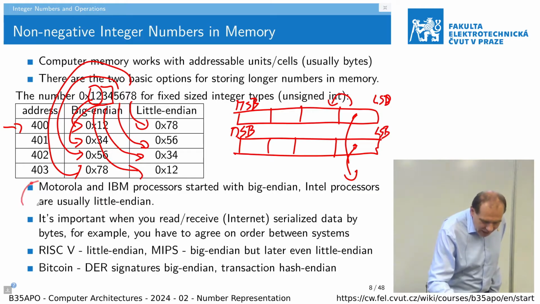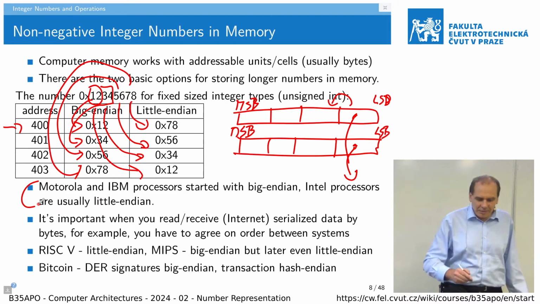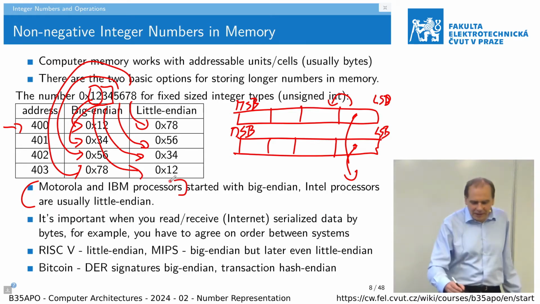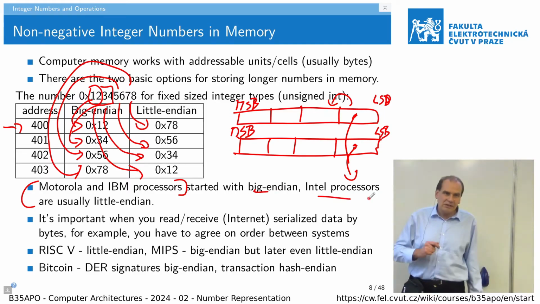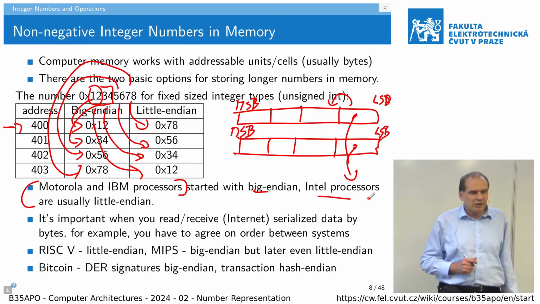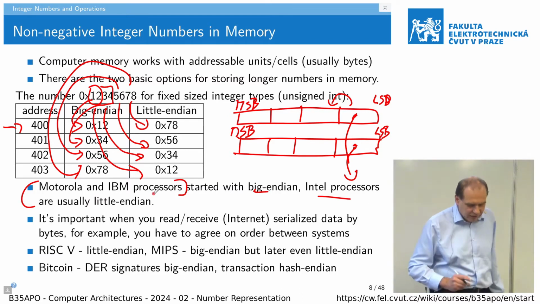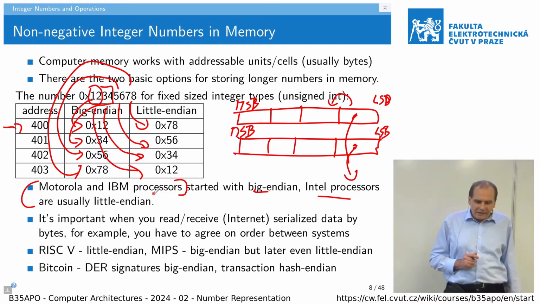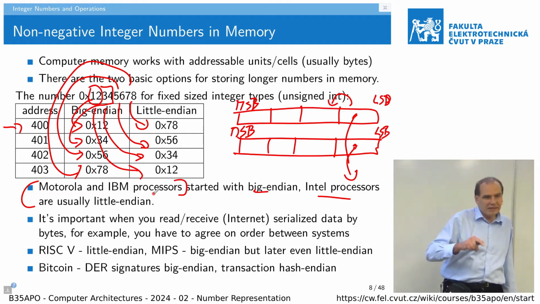At the start, companies like Motorola and IBM and mainframe computers were typically big endian. Intel came with little endian, even though they had some processors used in the military and space which were big endian as well. And for communication, the standard order on the internet is usually network order, defined as big endian.